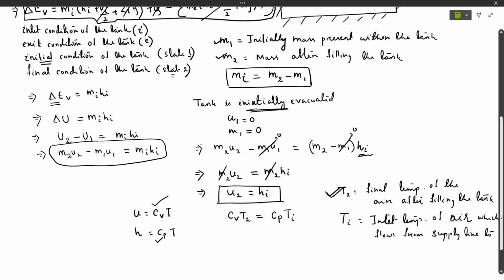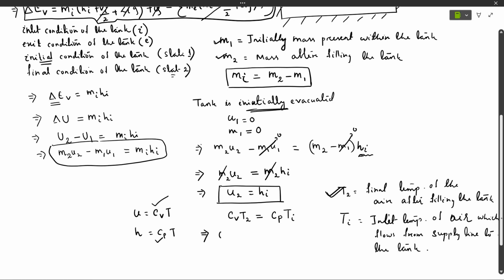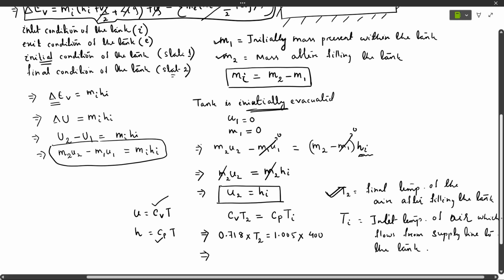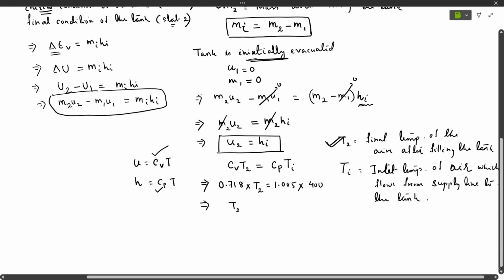So the C_v value is given, that is 0.718 kilojoule per kg Kelvin into T2. This we have to find out. C_p is also mentioned, that is 1.005 kilojoule per kg Kelvin into T_i, which is given in the question as 400 Kelvin. So after solving this equation, we get the magnitude of T2 as 559.88 Kelvin.